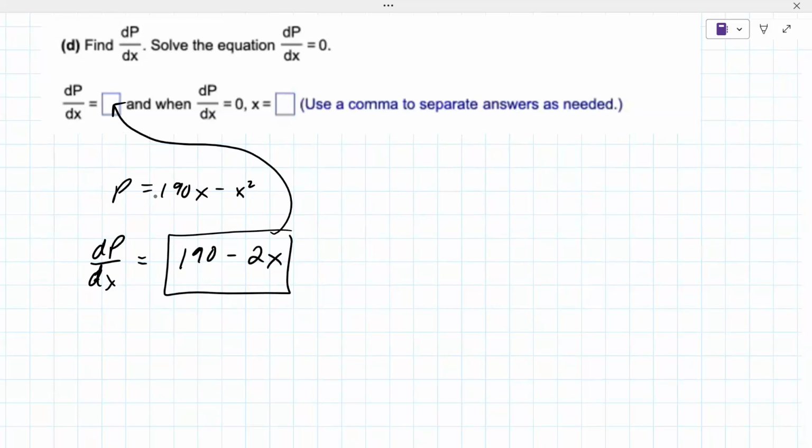There are a lot of notations for derivative. They're just saying take the derivative, since P is a function of x: the output over the input. Then set it equal to 0. So 190 equals 2x, x equals 95. That's the second box.